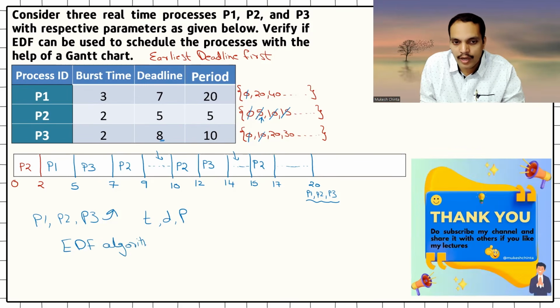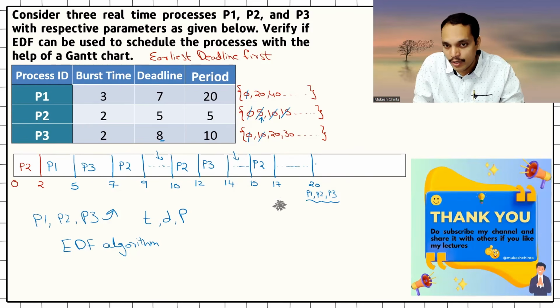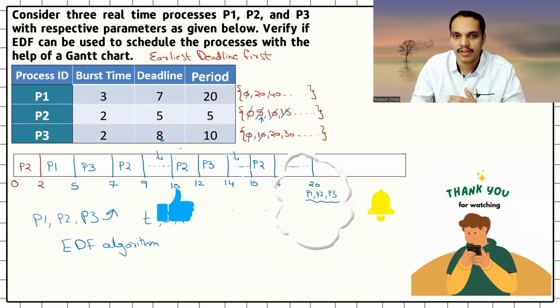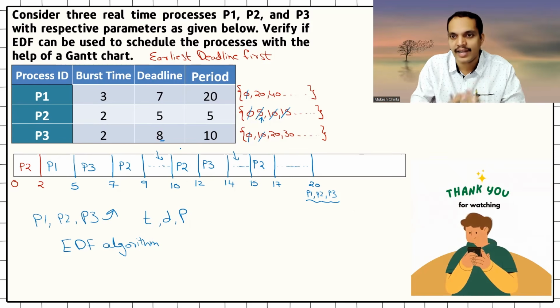If you want, you can try the next step also. You can continue from 20 to 40 and you will get the same thing. The same pattern keeps repeating for these three processes with the exact parameters.